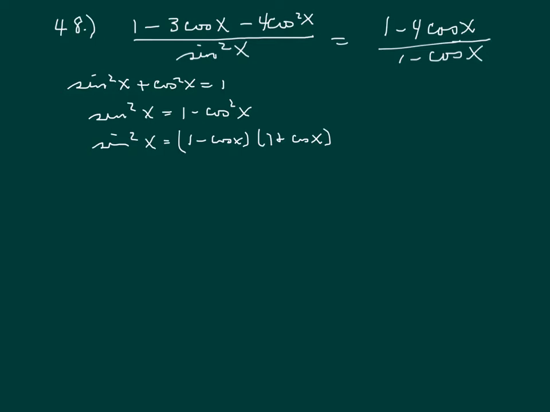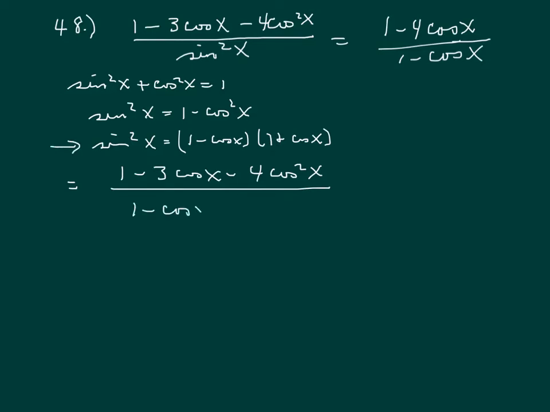So now let me rewrite the left-hand side. I have 1 minus 3 cosine x on top minus 4 cosine squared x. And on bottom, I have this term. I have 1 minus cosine x, 1 plus cosine x.